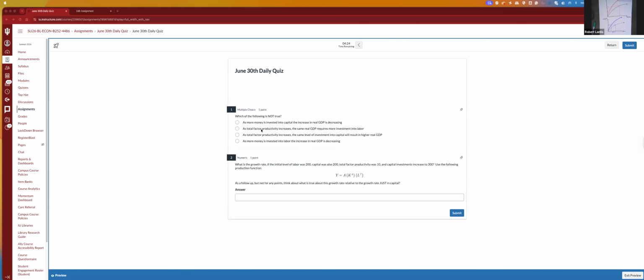All right, for the sake of time, I want to make sure we get this entered correctly. For the first question, the one that is not true is that as total factor productivity increases, the same GDP requires more investment in labor; it actually would require less.